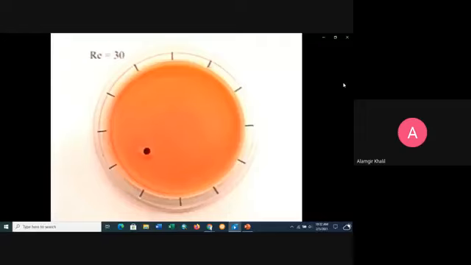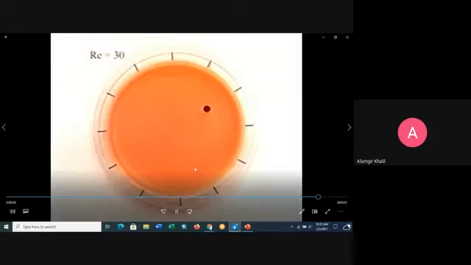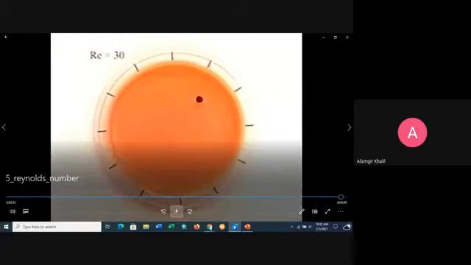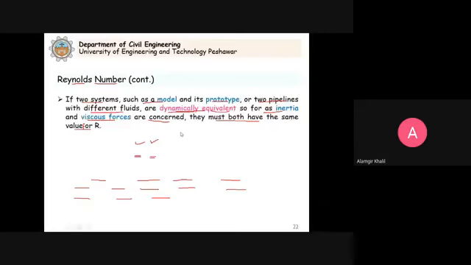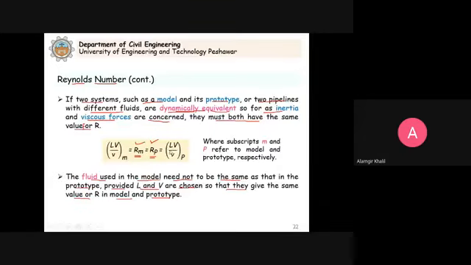If we stop it here, you can see the difference of the flows with increasing Reynolds number. So in such types of flows, you see that we have to consider the Reynolds number as a significant dimensionless number when we analyze the problem. So this is important, remember.